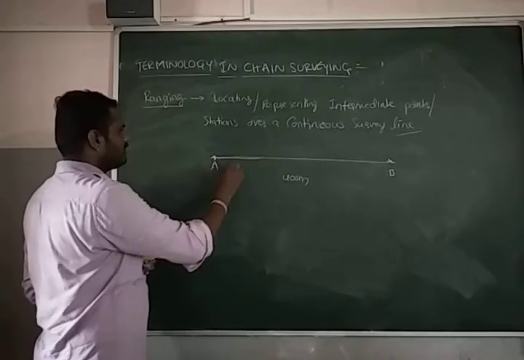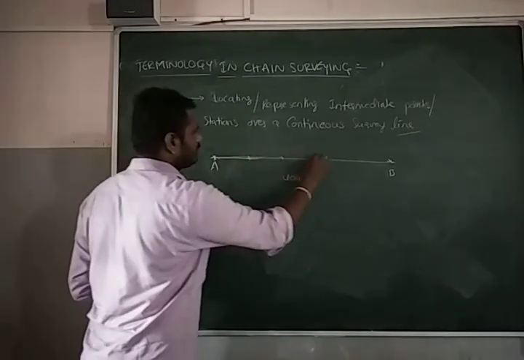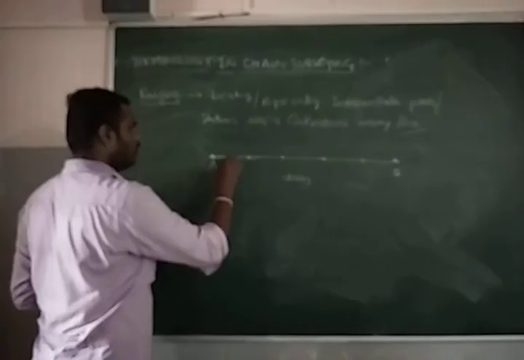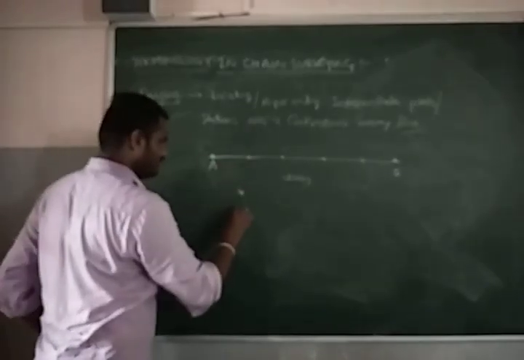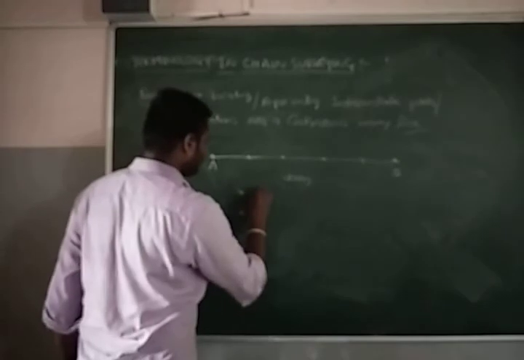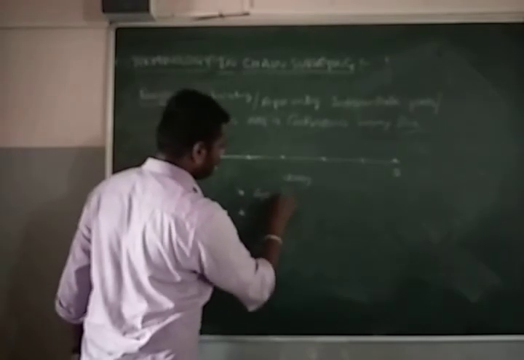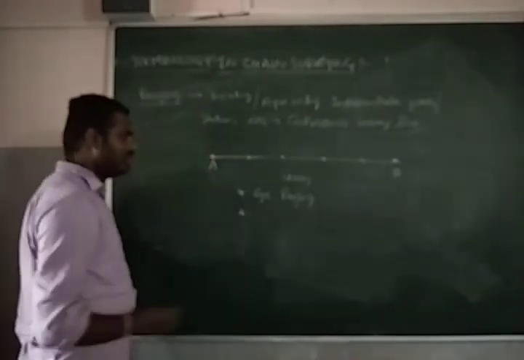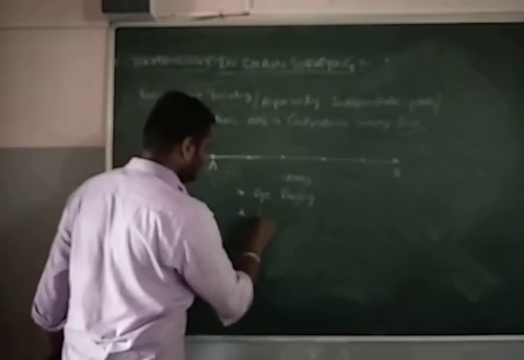So in this case you can locate intermediate positions by using two different methods. First one is eye ranging. Second one is line ranging.